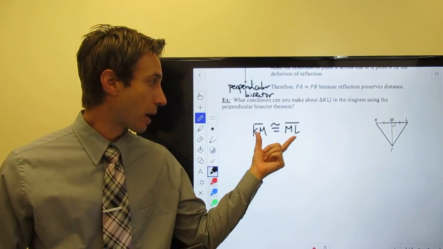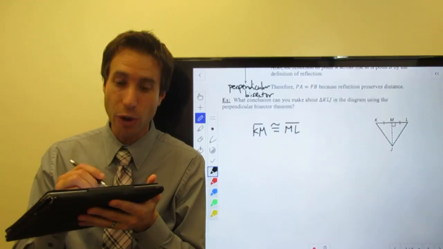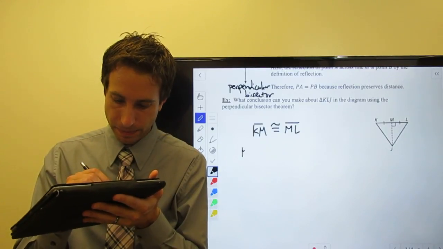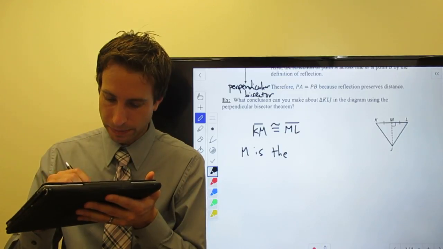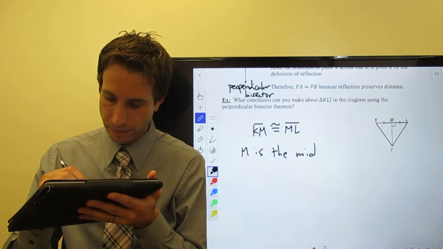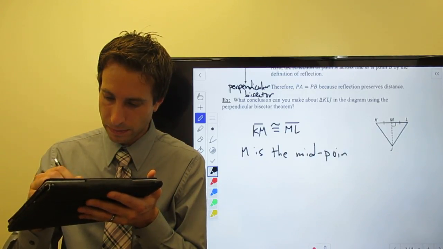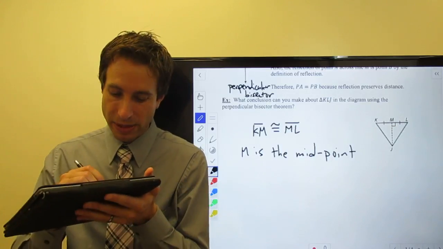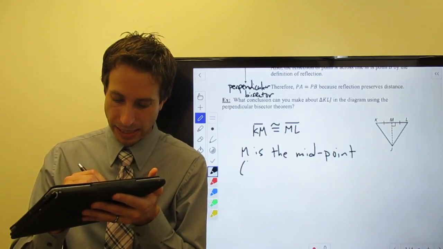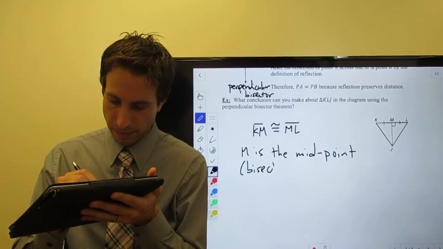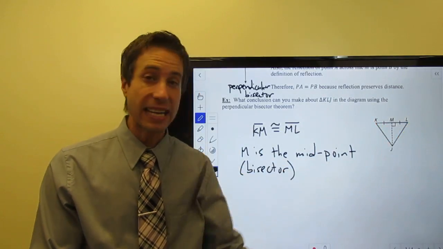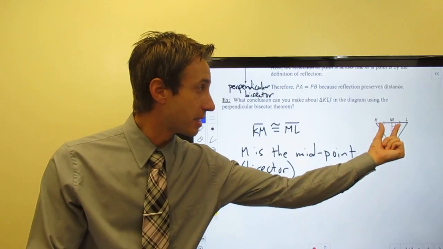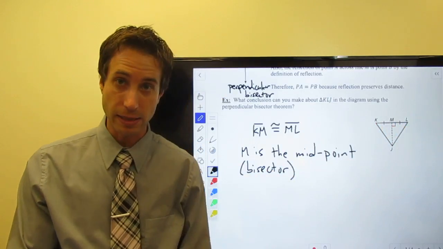So this tells me, because these guys are congruent, I know that M is the midpoint. M being the midpoint, that's a fancy way of saying it's a bisector. M splits that segment in half. It splits it into two equal pieces.